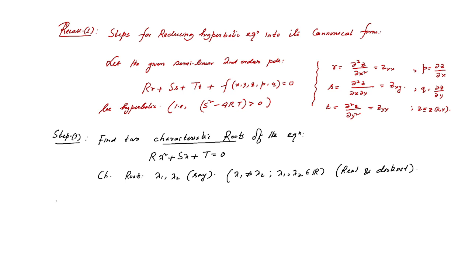Next step 2, then from that we can find out the characteristic curve. So one is eta and another one is xi.